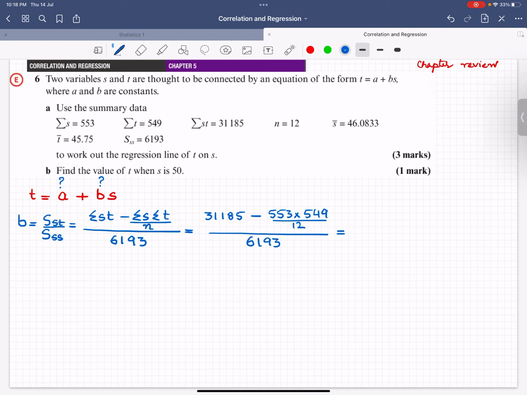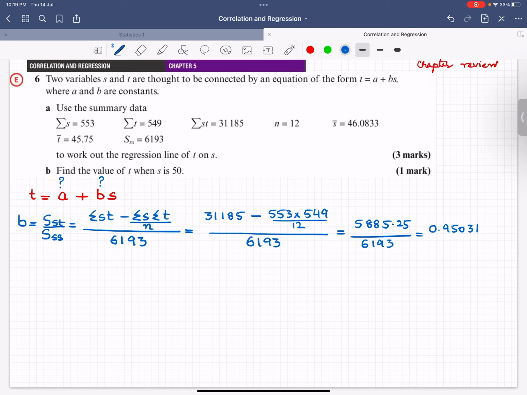When we calculate the numerator, we get 588.25, and that we need to divide by 6193, and when we work that out, we get 0.95031. This is rounded off. So we have already worked out the value of b.